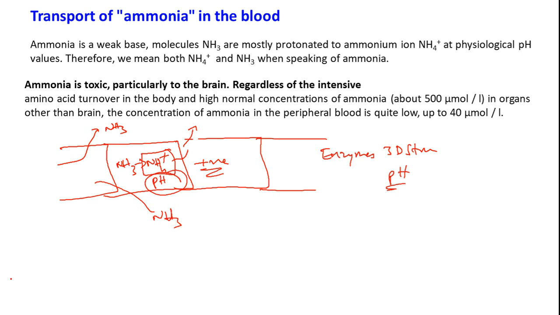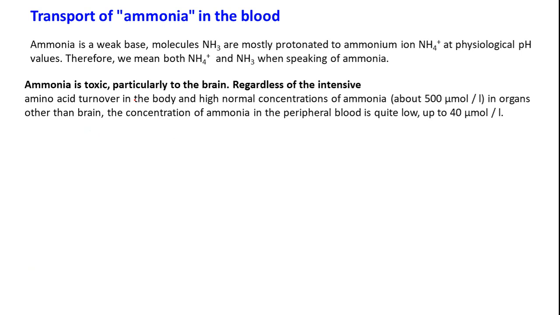If you see in our body, about 500 micromoles per liter of ammonia will be there in organs where metabolism happens, like the liver. Whereas in peripheral blood, it is less than or equal to 40 micromoles per liter. So what is happening to the other 460 micromoles per liter? That we have to see.